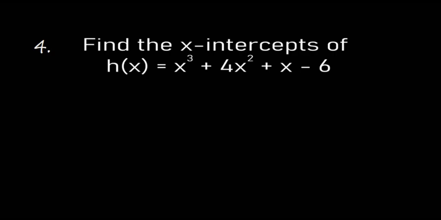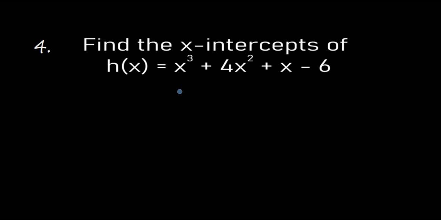Question 4. Find the x-intercepts of h of x equals x cubed plus 4x squared plus x minus 6. If you look at this function very well, you will discover that it is impossible to factor directly.